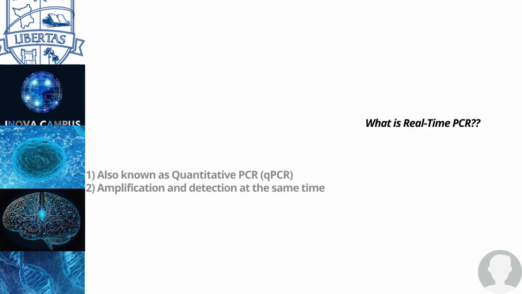So after that being said, after we explained PCR, the next question is, what is real-time PCR? Real-time PCR is also known as quantitative PCR or qPCR. It is a variation of PCR, a branch of the regular PCR process that allows the amplification, which is a process in the regular PCR, of specific regions of DNA studied, and also allows the detection of fragments wanted.